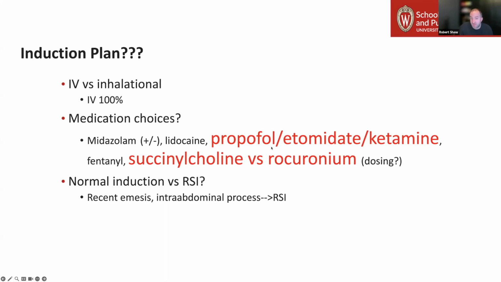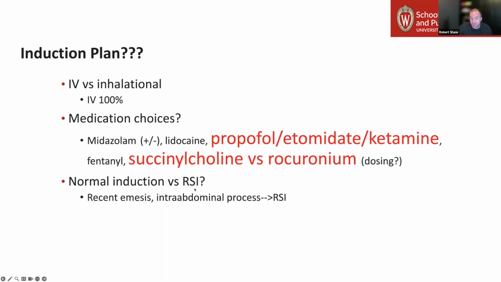I think a majority of anesthetics we would do with a propofol induction. Fentanyl, an opioid, we won't cover today because we'll cover that in later sessions for pain control. And then some form of neuromuscular blocker, whether it be succinylcholine versus rocuronium. We'll talk about both of them today and their mechanisms.